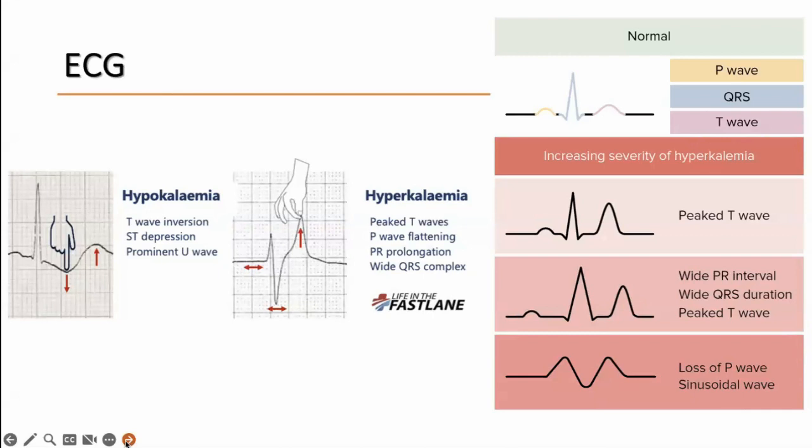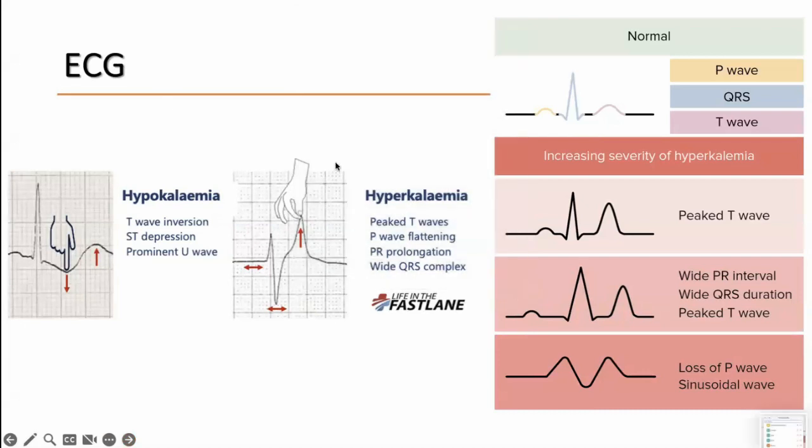You've got ST depression and a prominent U wave. Then in hyperkalemia, it's almost like pinching that T wave. If you think about it, pinching it, you're pulling it up, and it results in a peak T wave. Because you are making that peak T wave, the P wave can start looking a bit flattened and ultimately disappear. And then you're looking at PR prolongation and widening QRS.